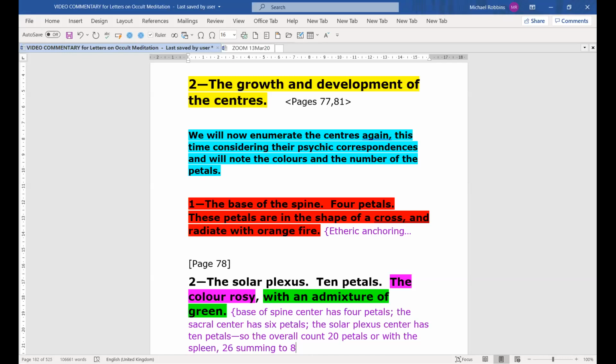So neither the Buddha nor the Christ have attained this point. They are still working to complete the 7th initiation, having long ago completed the 6th.